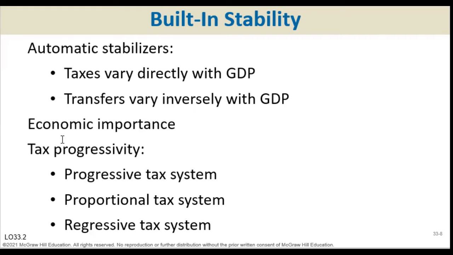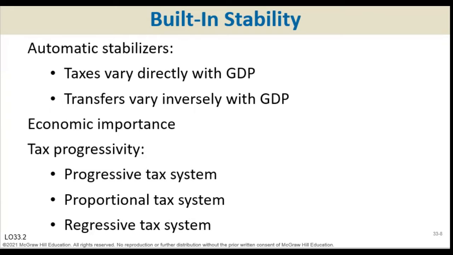So a progressive tax system means that the average tax rate rises with GDP. A proportional tax system means that the average tax rate remains constant as GDP rises or falls. And the regressive tax system means that the average tax rate falls as GDP rises.